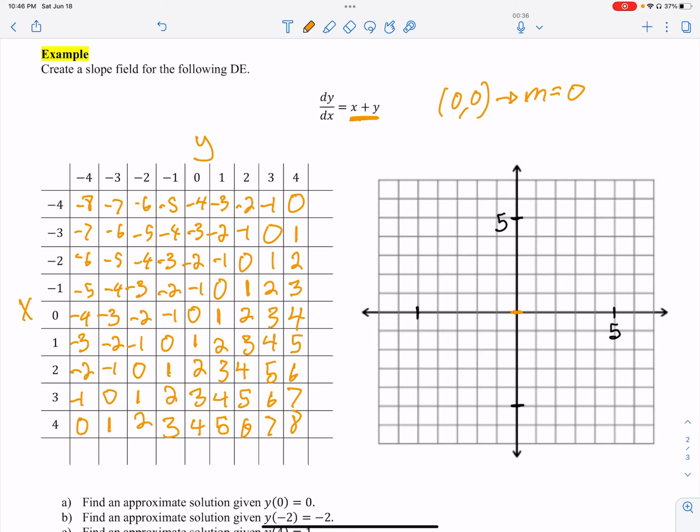We also can see that we have a bunch of other points that are like this. We have -1 and 1, so we're going to have a flat line there. And all the way down this diagonal, we're going to get a bunch of slopes that are 0. So we know that our graph, if it passes through this diagonal, is going to have a slope of 0. So it's going to flatten out some.